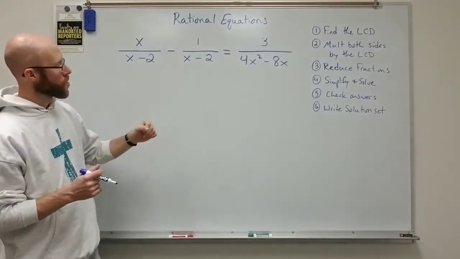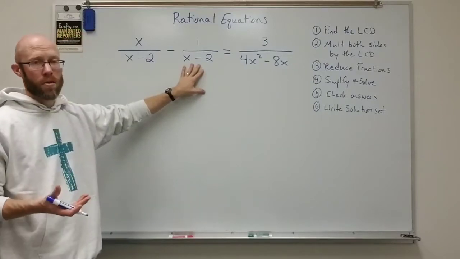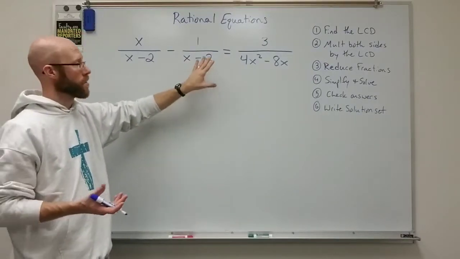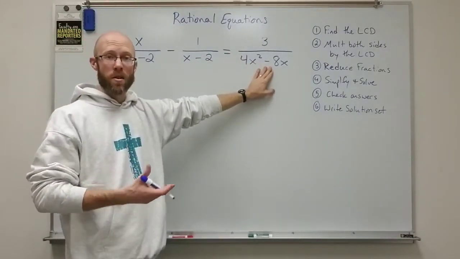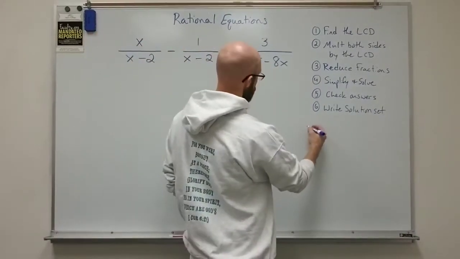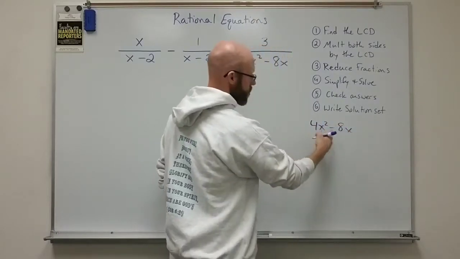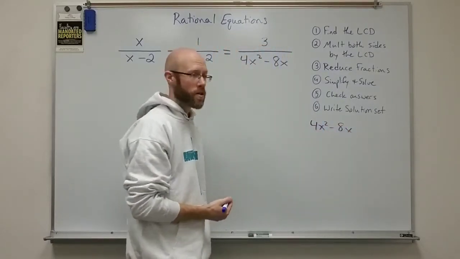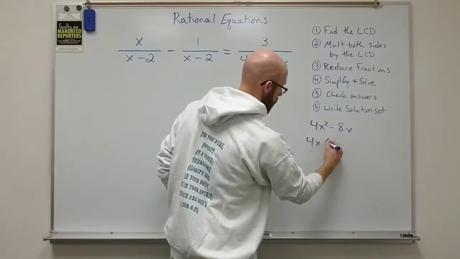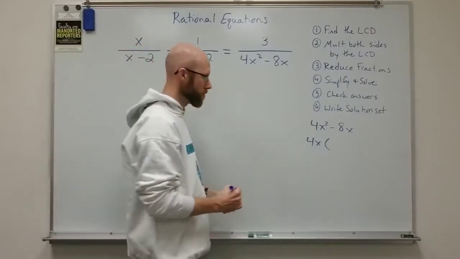Okay, so the first 2 denominators are both x minus 2. Those don't factor. So the first one we need to actually factor is this last one, 4x squared minus 8x. When we factor that, there's a common factor of 4x, so I'm going to pull that out, and we're going to be left with an x minus 2.